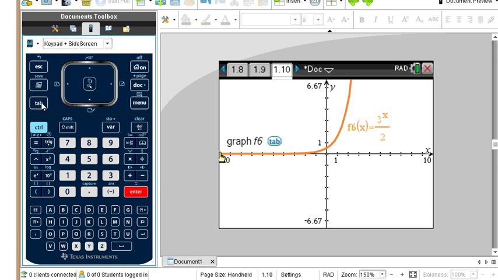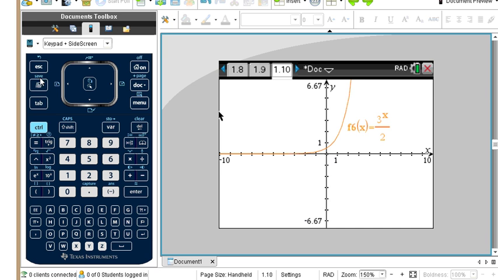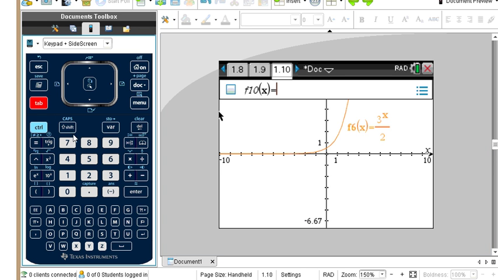And then if we go to tab again, it's going to let me put another function there. Yes, it is.